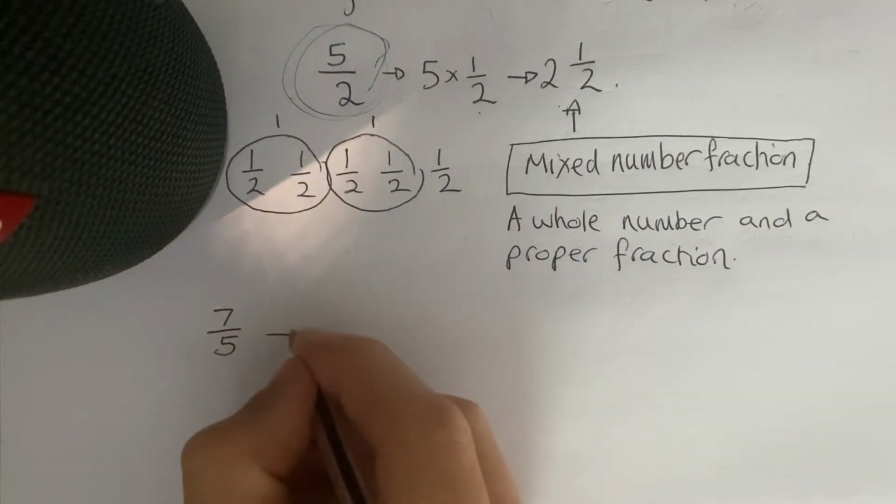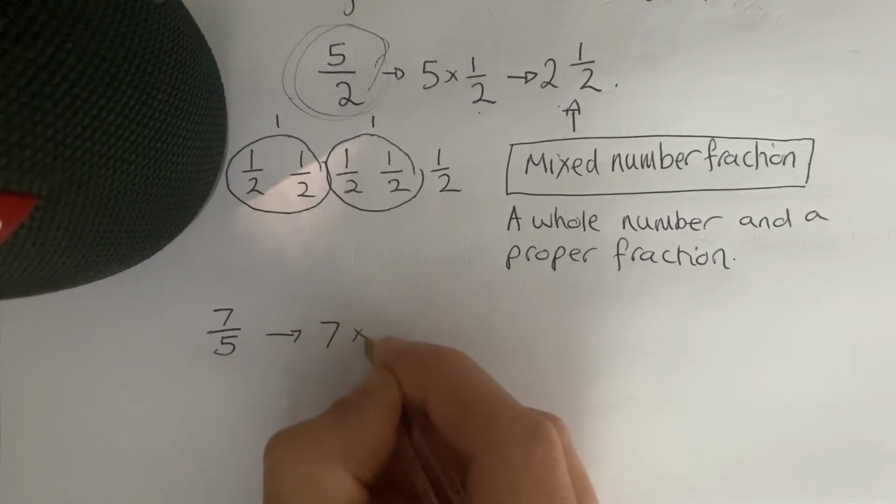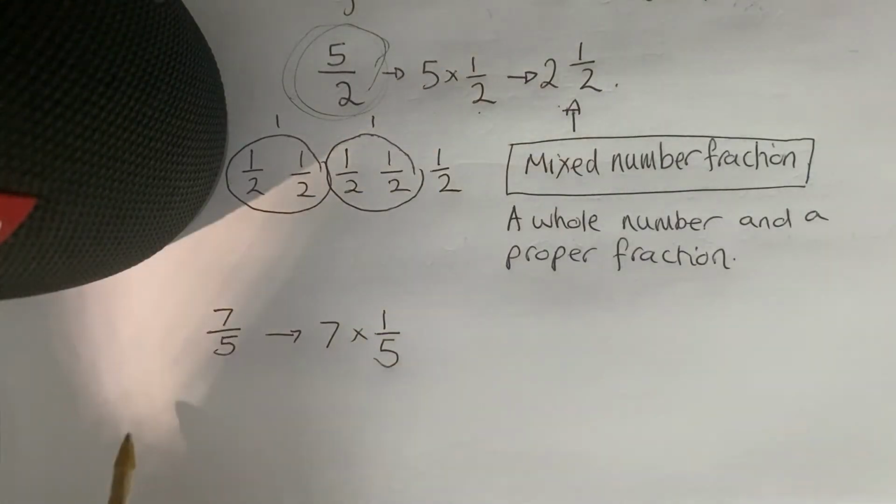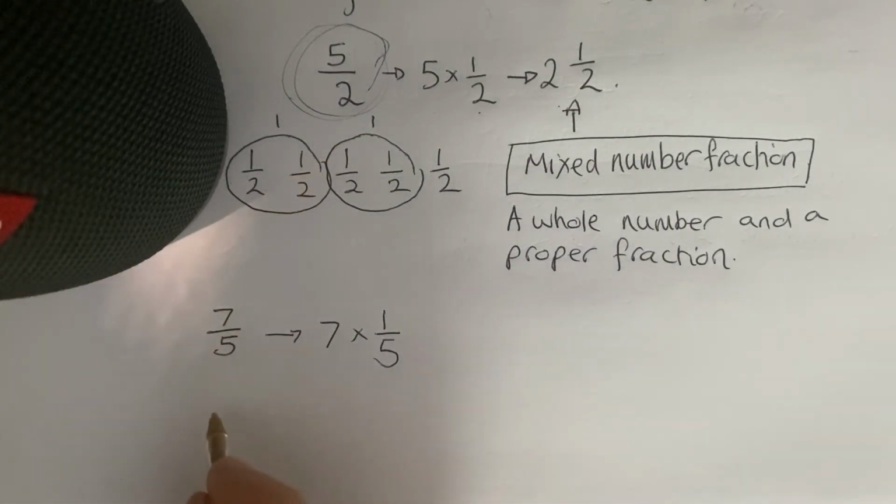So we could also write that as 7 lots of 1/5. I'm going to write that down below here as well. So that's 1/5 7 times.